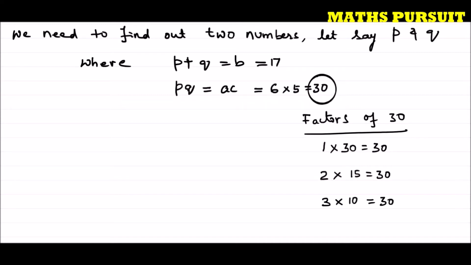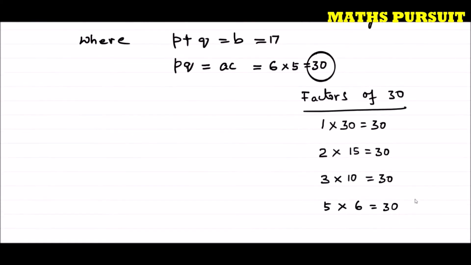So what we are getting: 1 into 30 is equal to 30, 2 into 15 is equal to 30, 3 into 10 is equal to 30. 4 we don't have, in the 4 table we don't have 30. In the 5 table we have 30, so 5 into 6 is equal to 30. And then in 6 it will get repeated. 6 fives are 30, but we already considered 5 into 6.